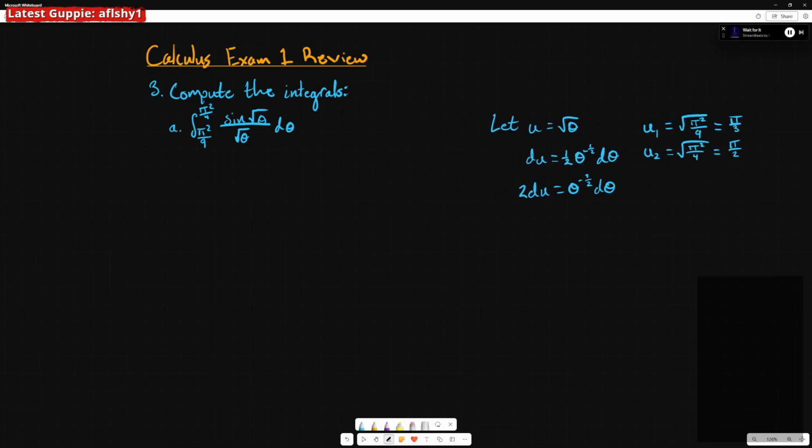Move that over and make sure we have no space. And we can set this equal to the integral from pi over 3 to pi over 2, where sine of u over u, times 2 du.